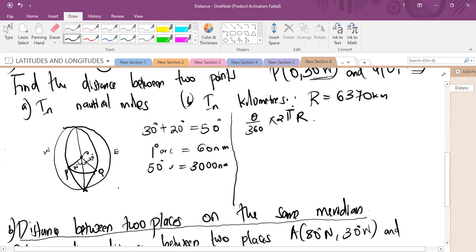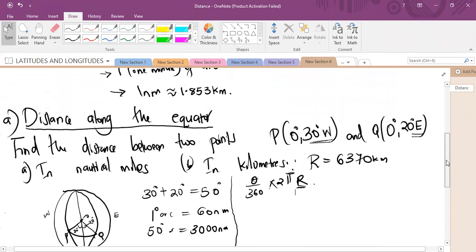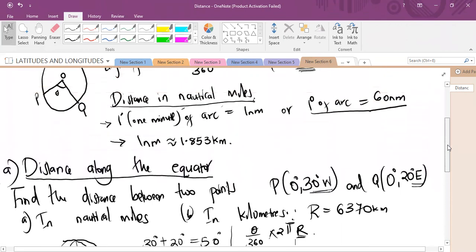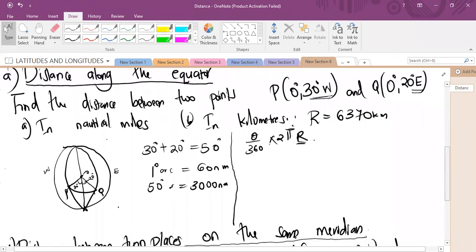And our r here, because it's a great circle, is obviously capital R. I hope we can relate that, because the distance along the equator is obviously capital R. So the R here is actually capital R.